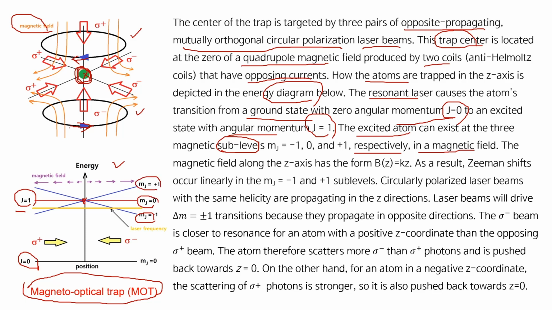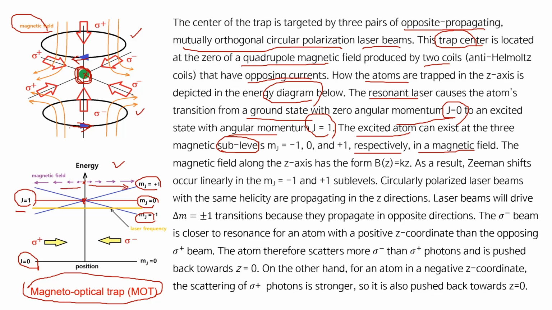mj equals 0, no difference in the magnetic field, but for mj equals 1 the field is changing in this direction, and for mj equals -1 it changes in this direction, and the field equals 0 at the center. As we go in this direction, the field strength is increasing.